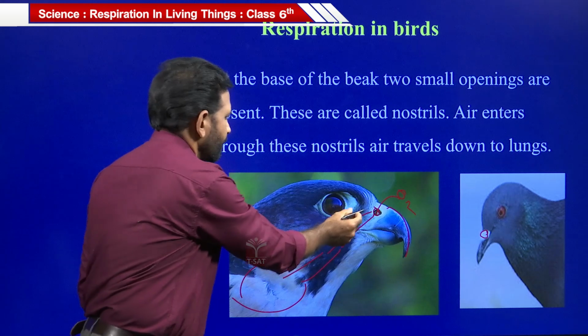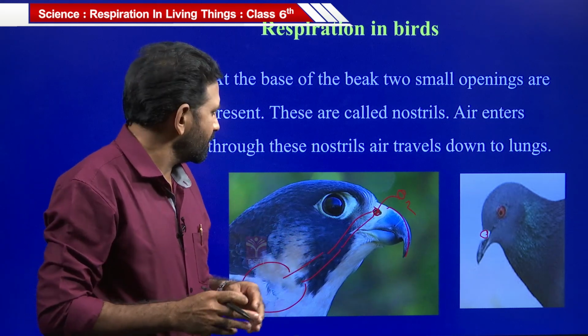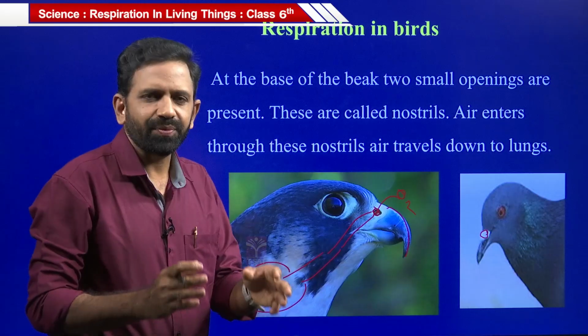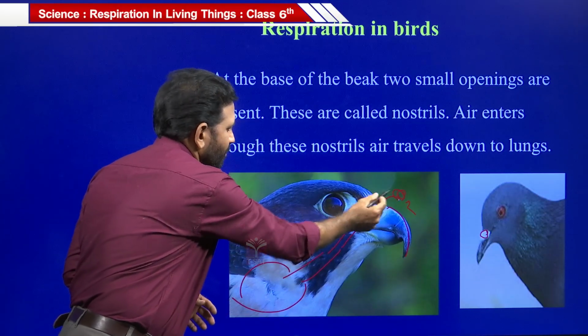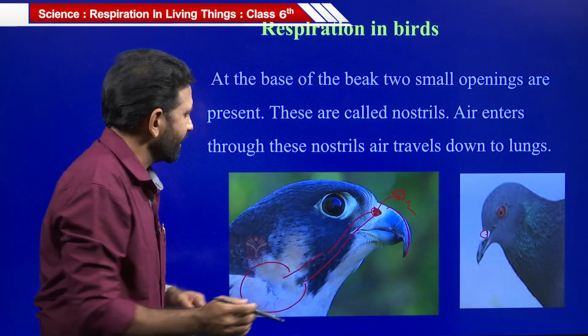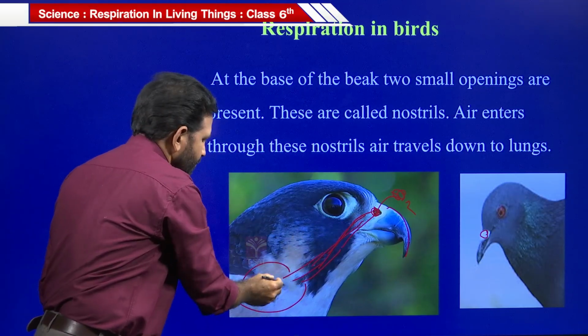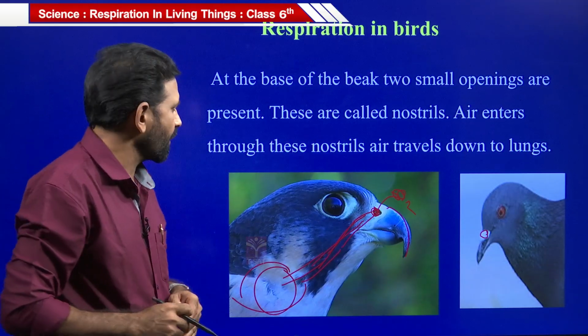If we take birds, oxygen enters the respiratory system of birds. First oxygen or air enters through the external openings, that is nostrils, and passes down to the lungs or respiratory system.